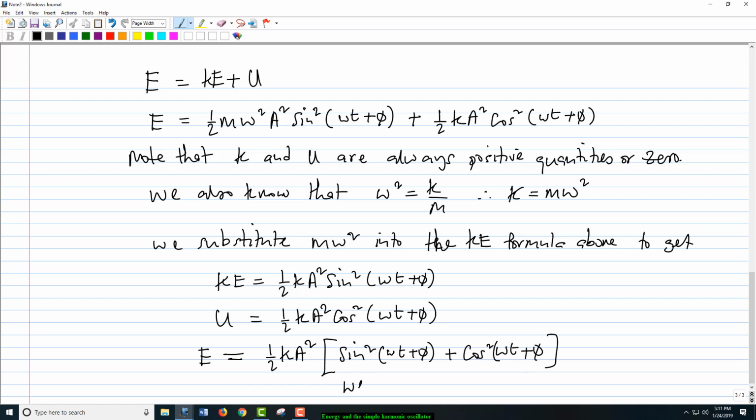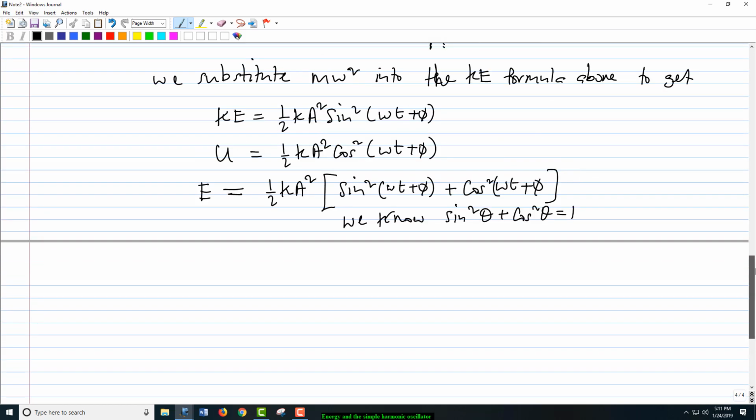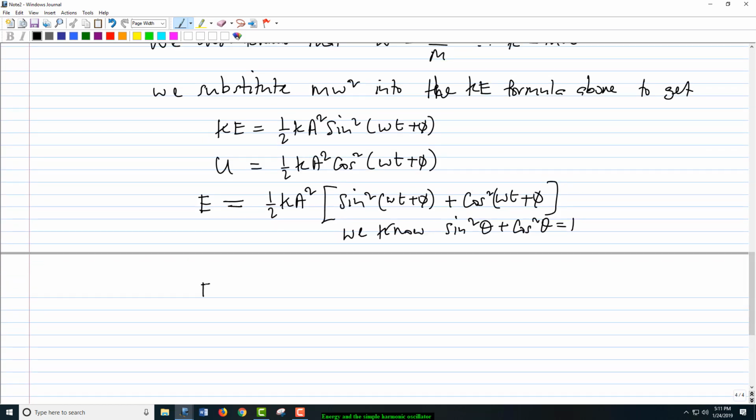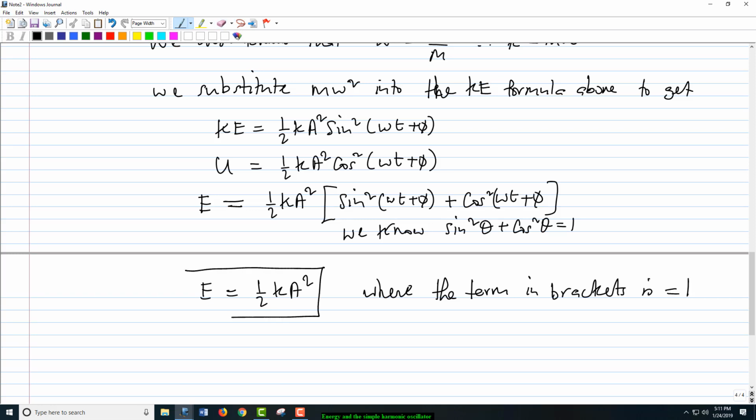So we know that sine squared theta plus cosine squared theta is equal to 1, and by adding the phase angles, this will not make any difference. It doesn't change when you add phase angles, so we can say E is equal to half K A squared, where the term in the square brackets is equal to 1. Okay, so now we have our total energy for a simple harmonic oscillator.